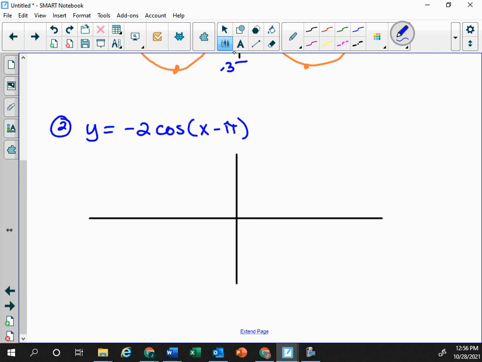All right, we definitely have an A value this time, right? Do I have a B value other than 1? Like, is there a change? No, okay.